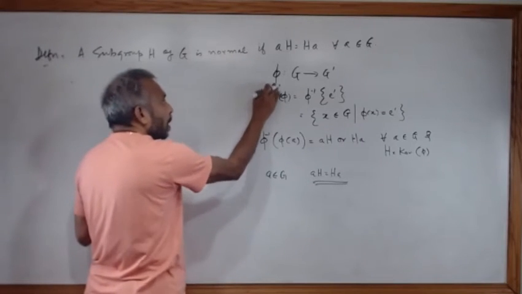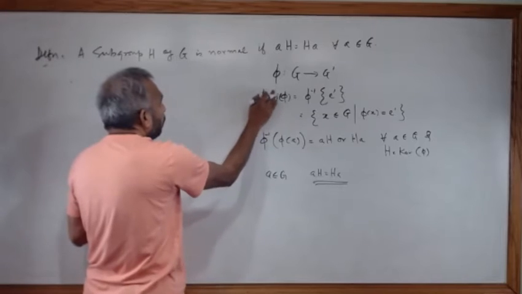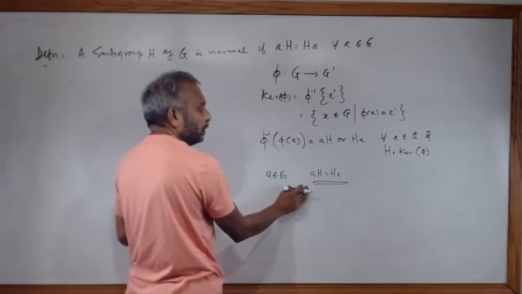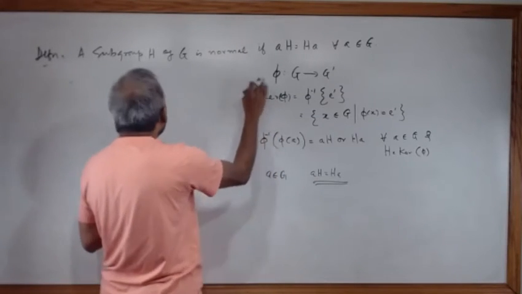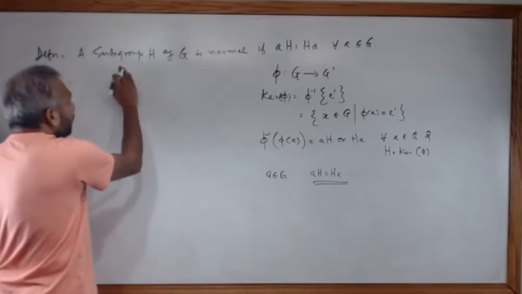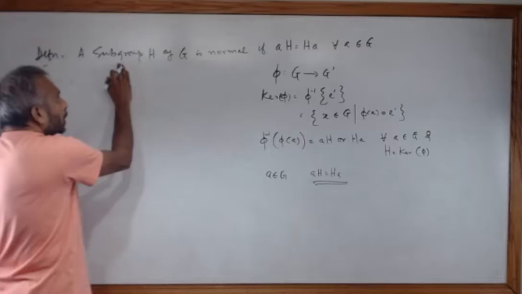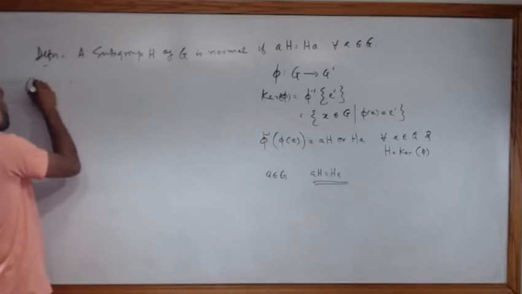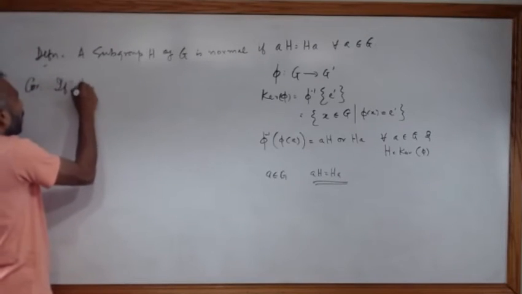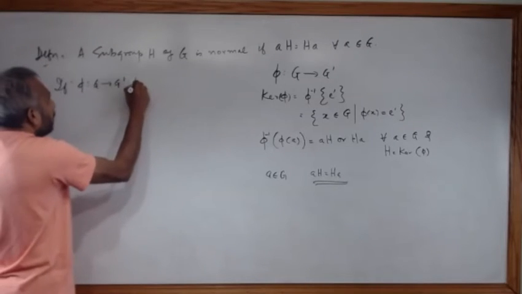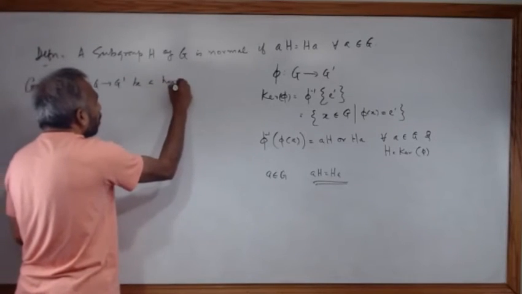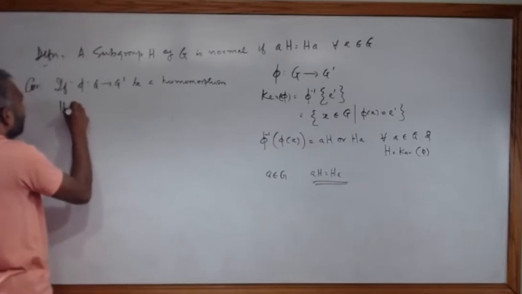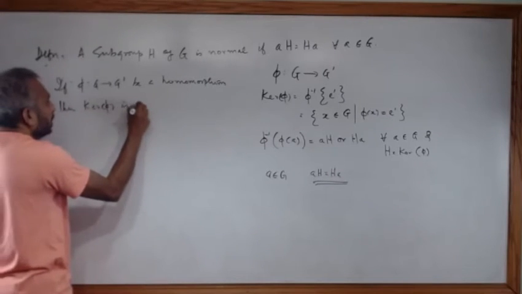Kernel is based on a homomorphism. We constructed a subgroup of G based on this homomorphism, and we found that this property is true. So the kernel of any homomorphism is normal. But if you generalize that idea to any subgroup which satisfies this condition, we call that subgroup normal. So the corollary is: if phi from G to G prime is a homomorphism, then the kernel of phi is normal.